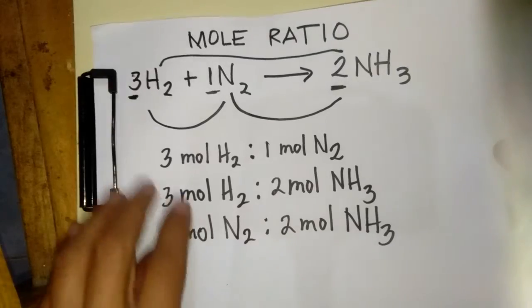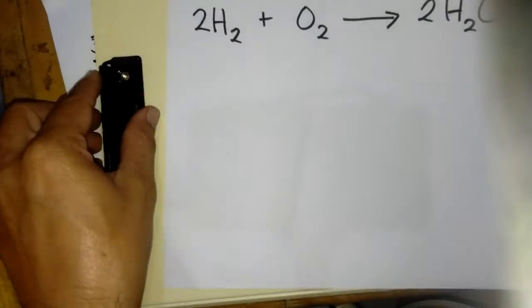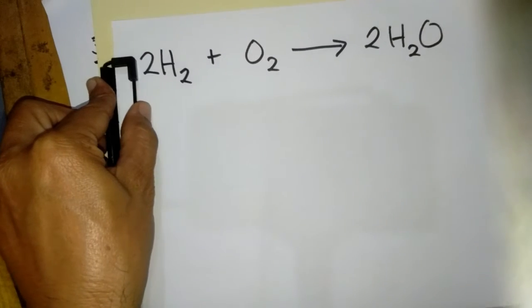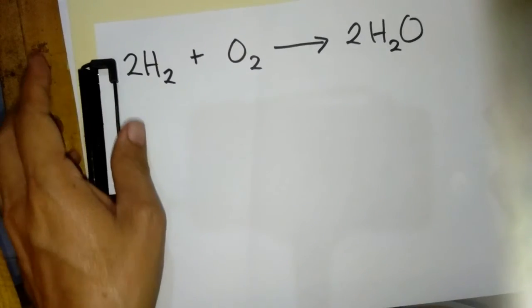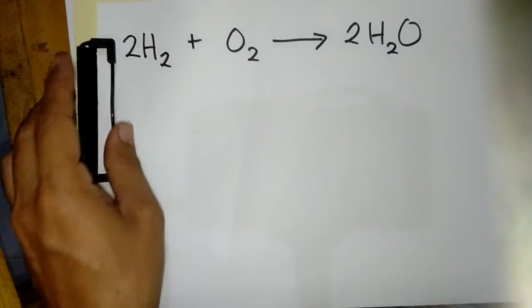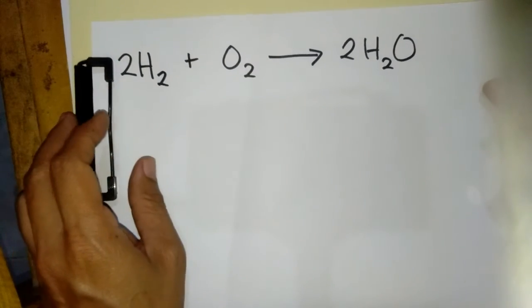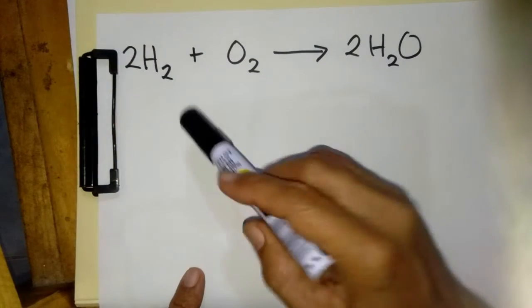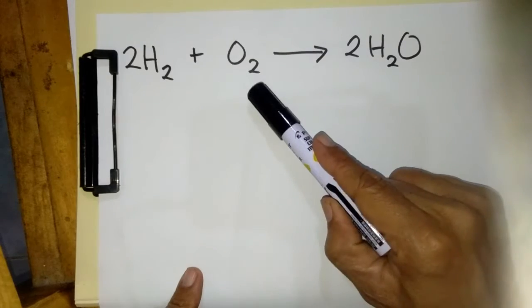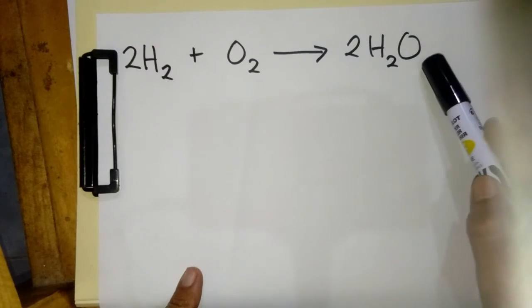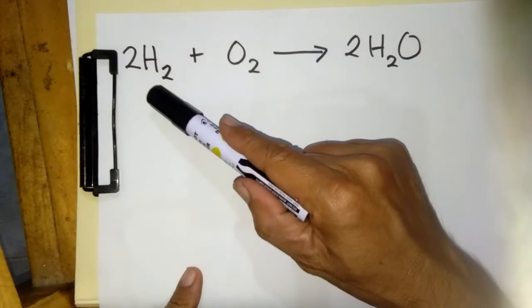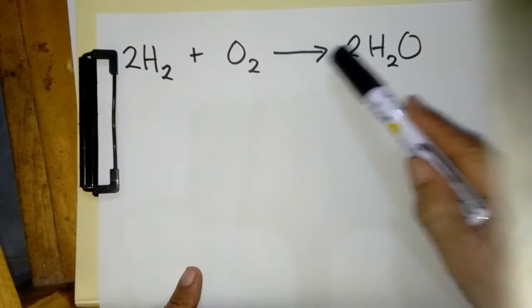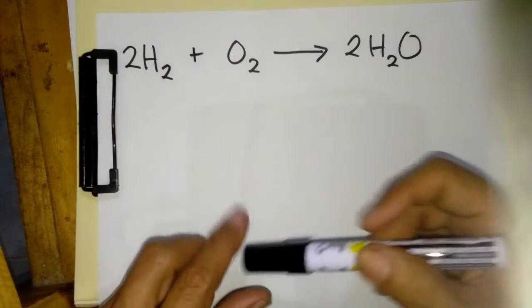We have the last example. Take a look at this. 2H2 plus O2 will yield 2 moles of water. 2 moles of H2 plus 1 mole of O2 will yield 2 moles of water.